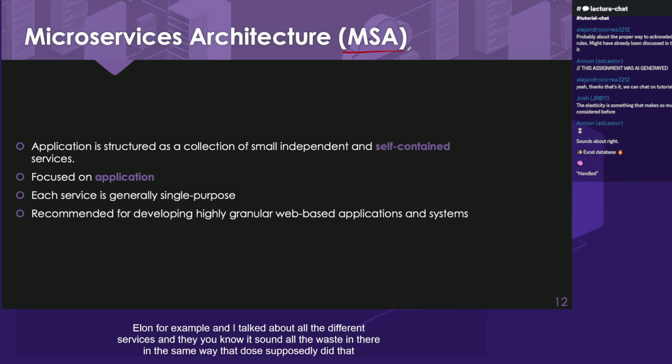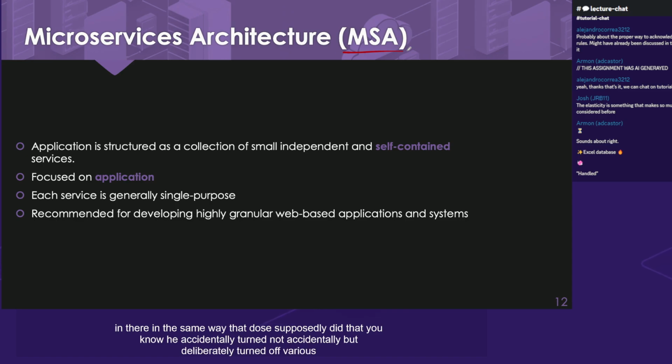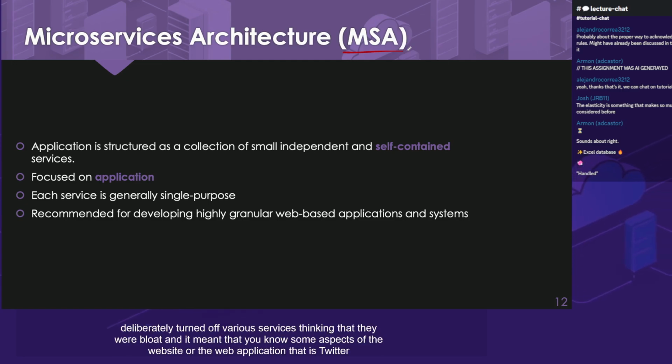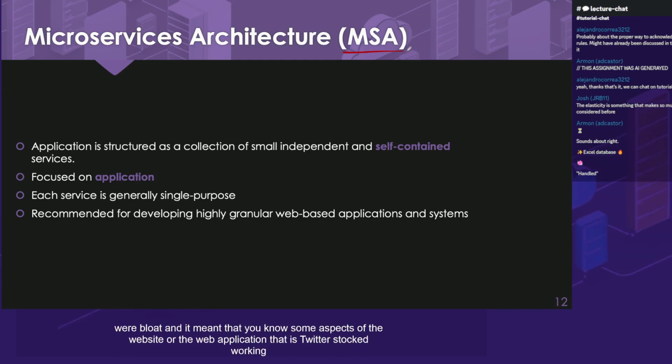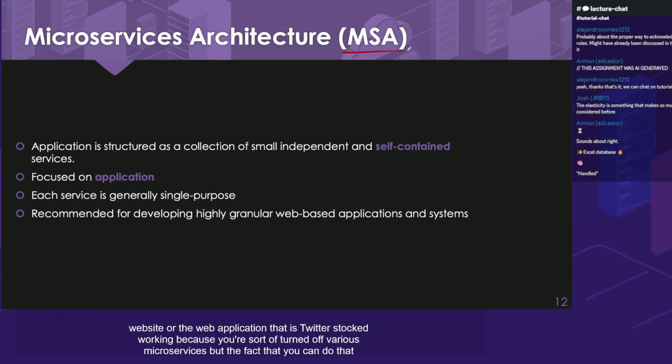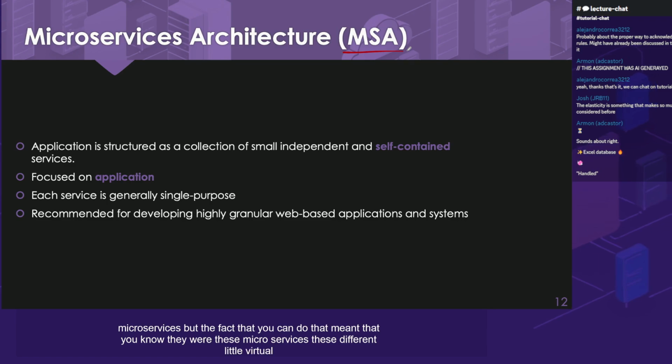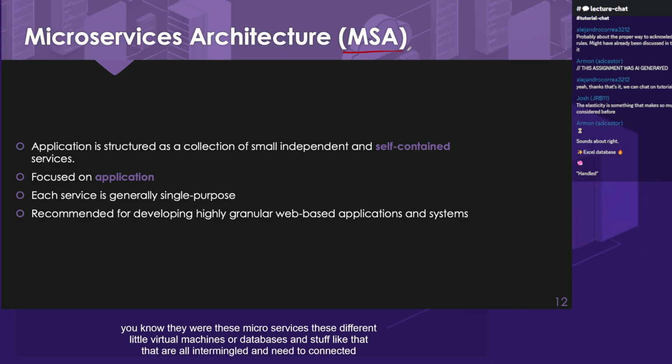That he not accidentally, but deliberately turned off various services, thinking that they were bloat, and it meant that some aspects of the website or the web application that is Twitter stopped working because he just sort of turned off various microservices. But the fact that you can do that meant that there were these microservices, these different little virtual machines or databases and stuff like that are all intermingled and interconnected in order to accomplish different tasks.